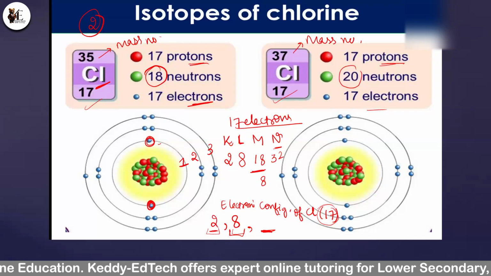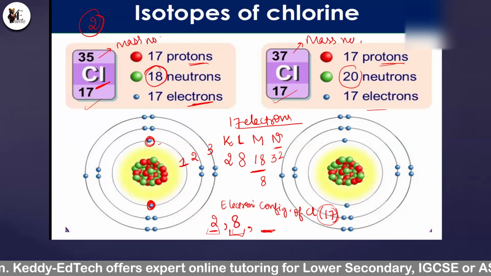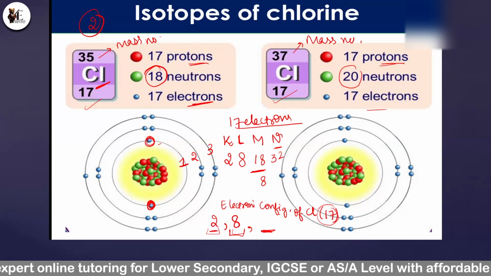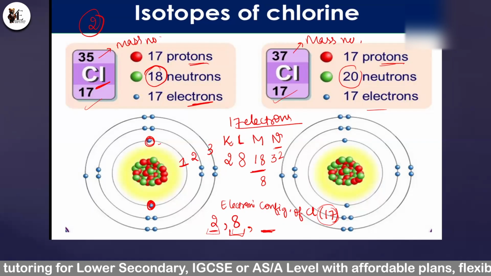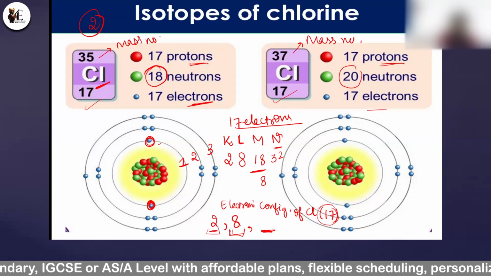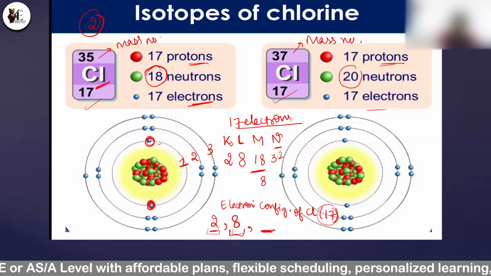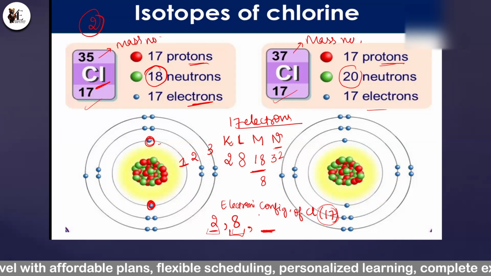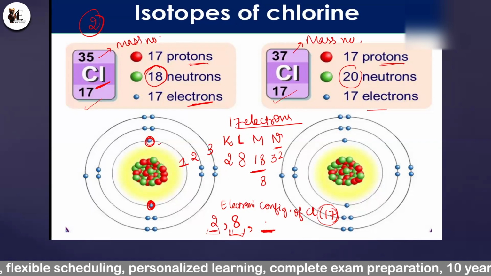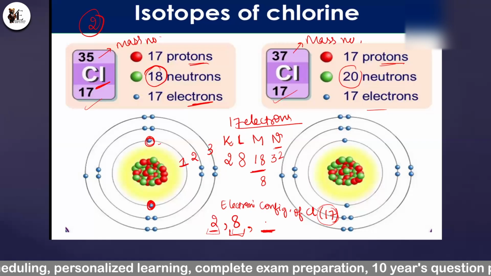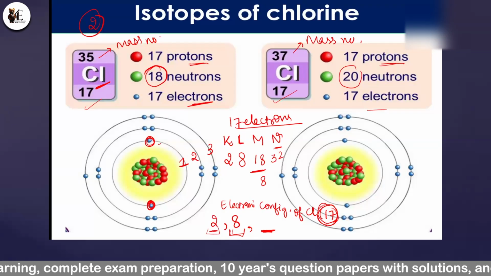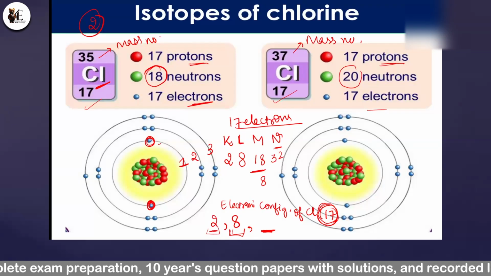So the first shell, the second shell has 8. Yes, and the third should have one more? No, because you have to fill 17 electrons.